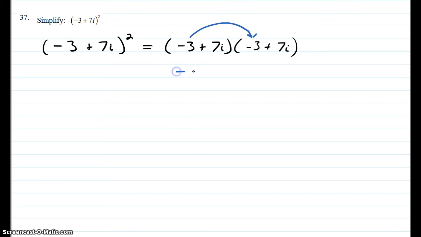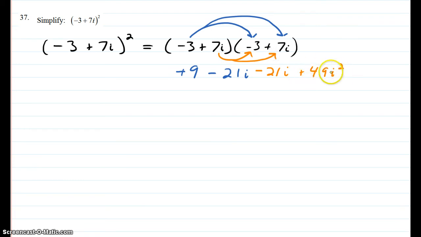That's going to give us a positive 9, negative 21i, negative 21i, and positive 49i squared. Now, since these aren't complex conjugates, you're still going to have that middle term with just the i.